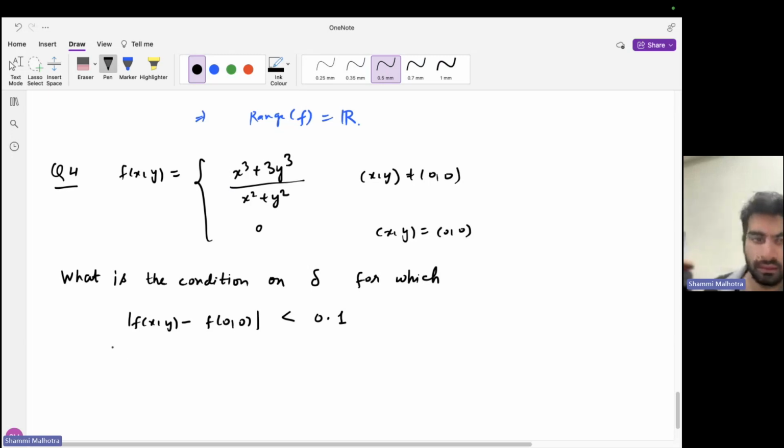So in this case, I'm taking my value of epsilon equal to 0.1. So I'm taking a particular choice of epsilon, and I would like to see what the values of my delta are so that this thing basically holds. So let us try this question.